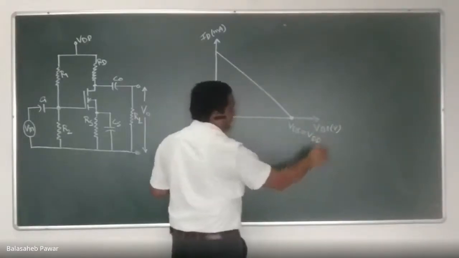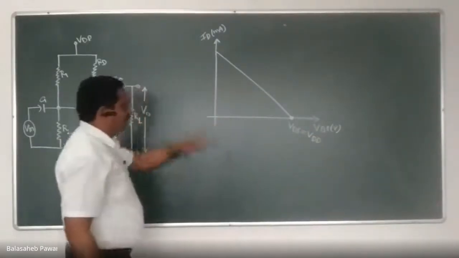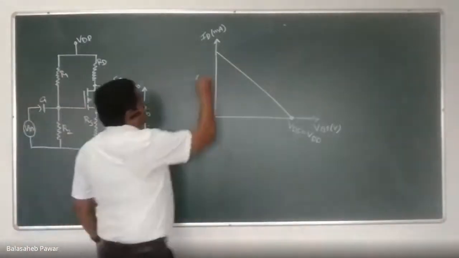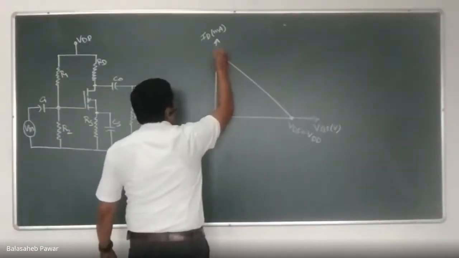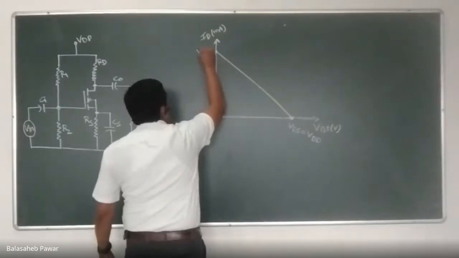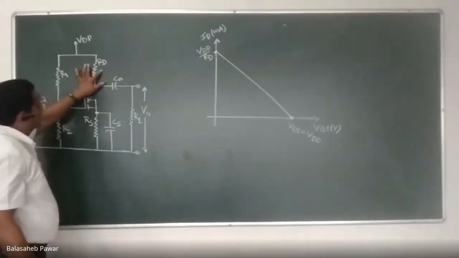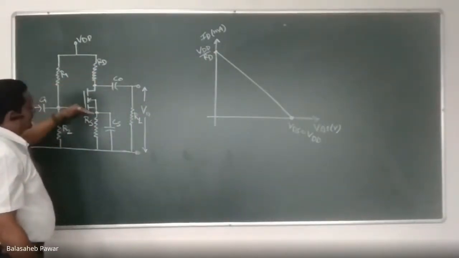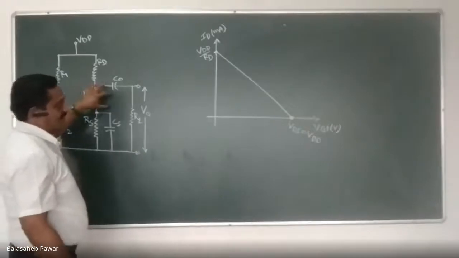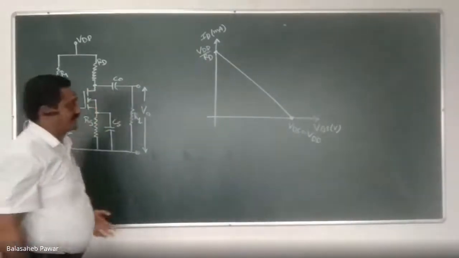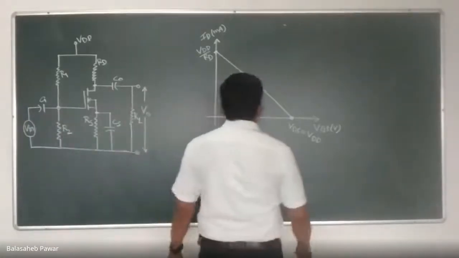That means the MOSFET works in its cutoff region, or acts as an open circuit, right? Similarly, this is our ID max, and that is again VDD by RD. The externally connected resistor RD limits the maximum drain current to protect the transistor. Otherwise, if excess current flows, the transistor may get damaged. And that's why the resistance RD is used.